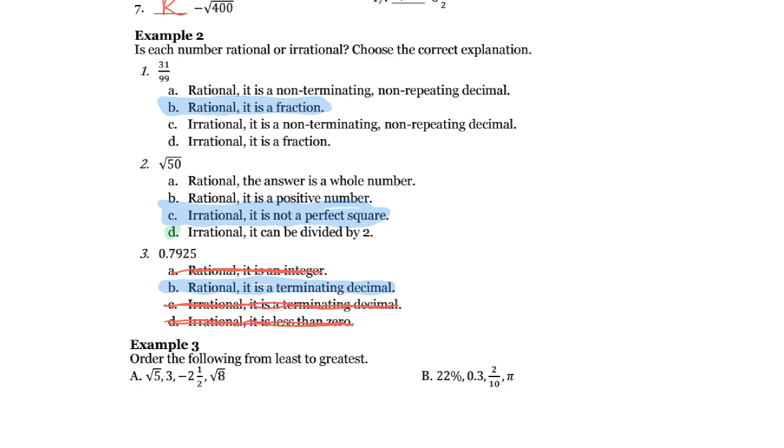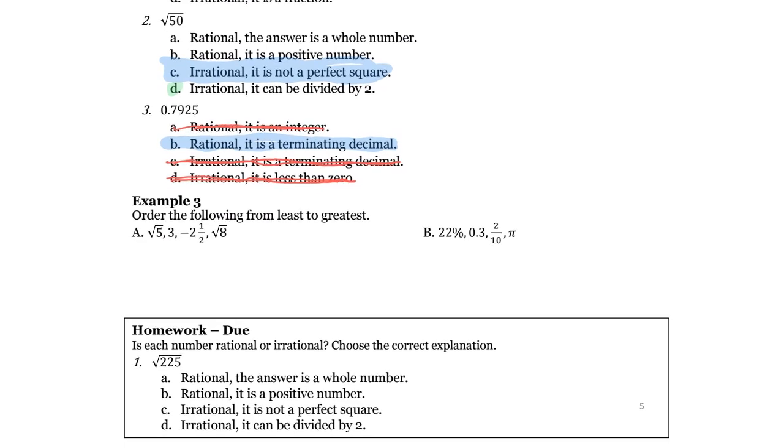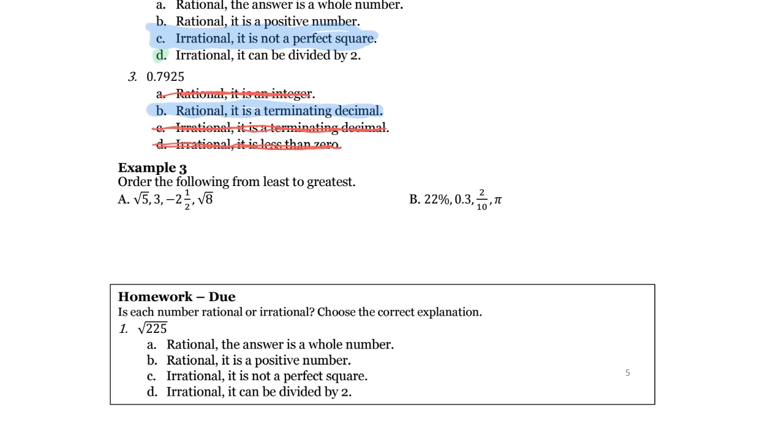All right. Let's go down to example 3. First thing is you're going to need a calculator for this one. So this is like the first time you're going to need a calculator. We have to order them from least to greatest. So what's helpful here is to convert everything to a decimal.